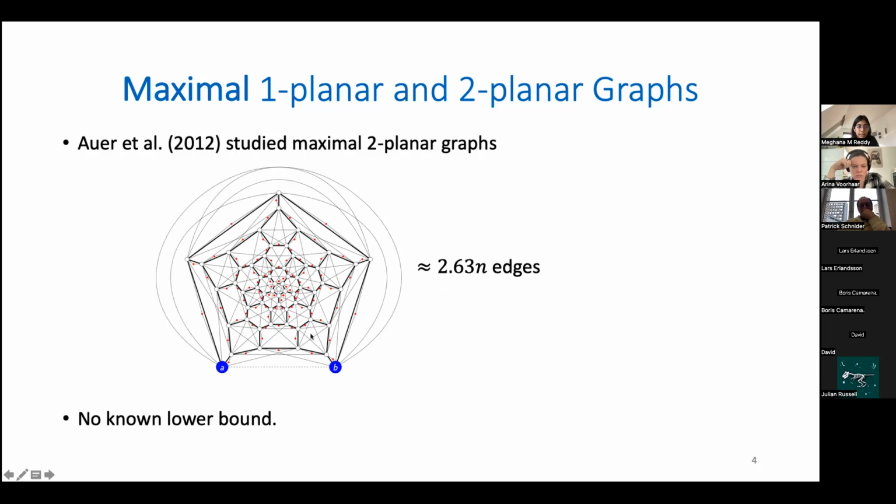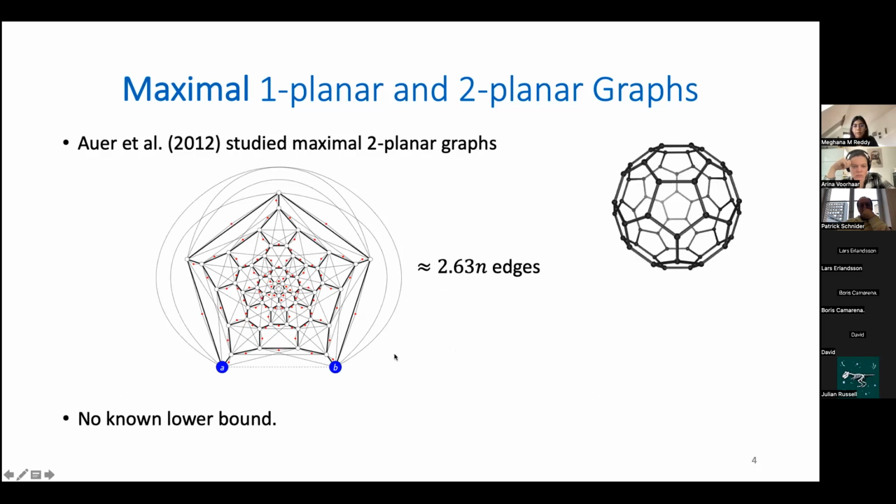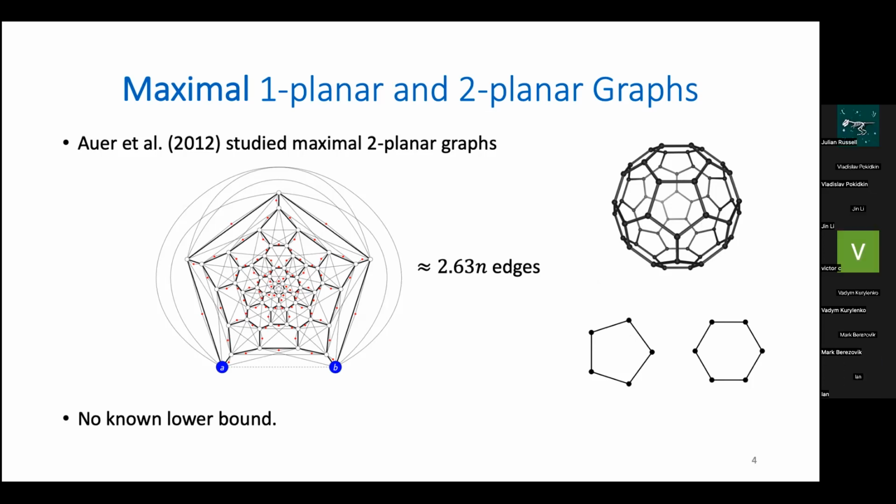And to understand how this graph looks, maybe you can recall the Buckminster fullerene. This is the carbon molecule, which looks like this with alternating faces of size 5 and 6. So basically, they took this molecule, and for every face of size 5 and size 6, they added some edges inside.